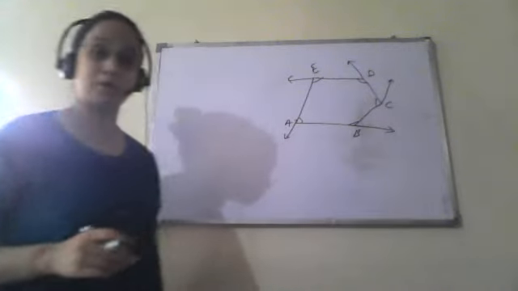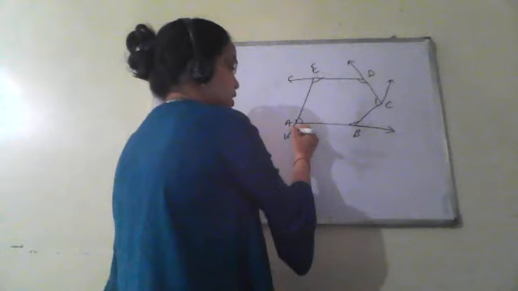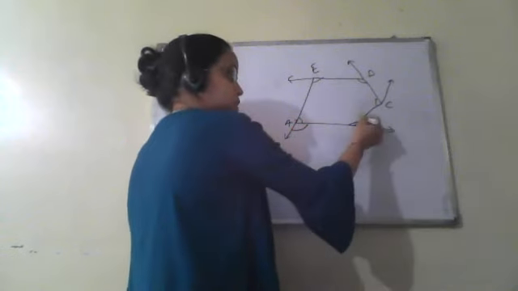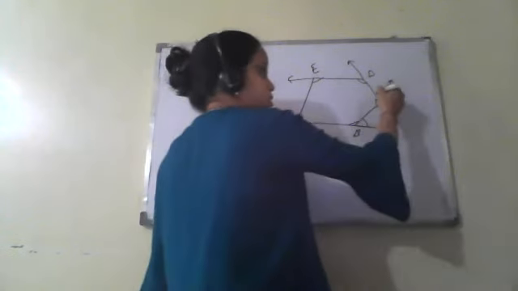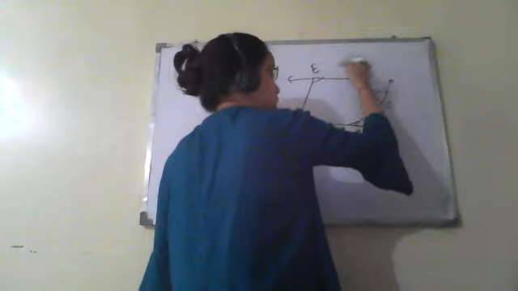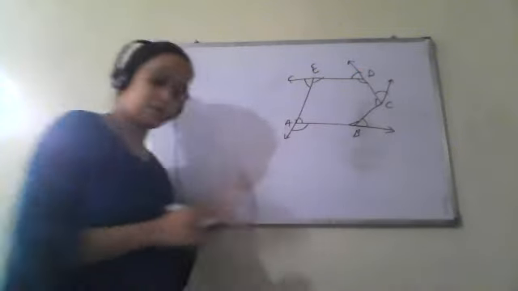Now, if you talk about the exterior angles, these are the exterior angle of A, this is the exterior angle of B, this will be of C, this will be of D, and this will be of E. So these are the exterior angles.